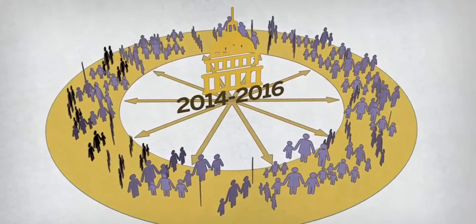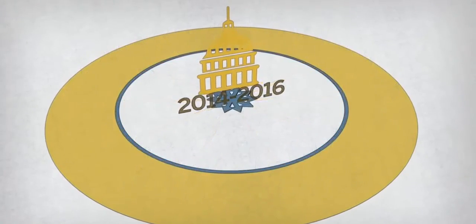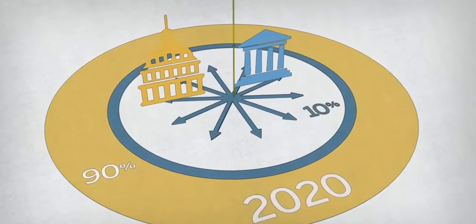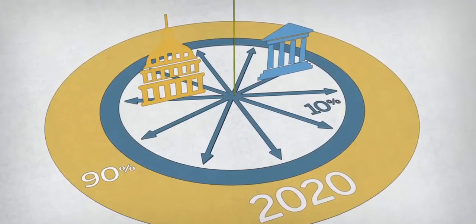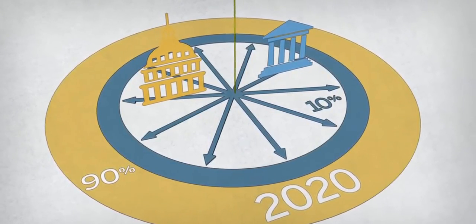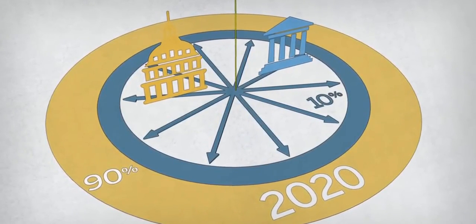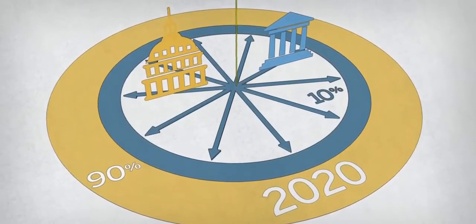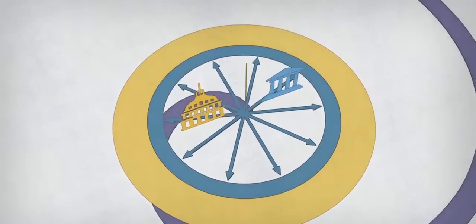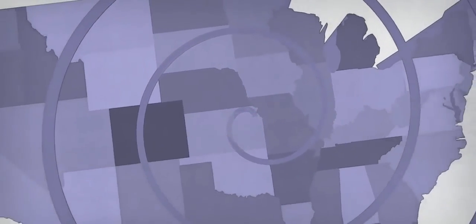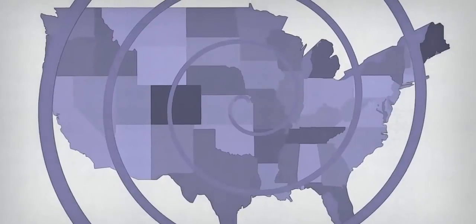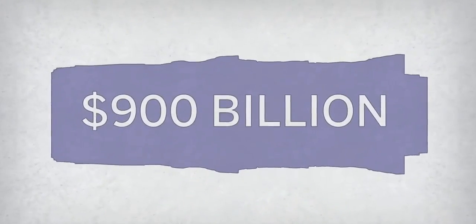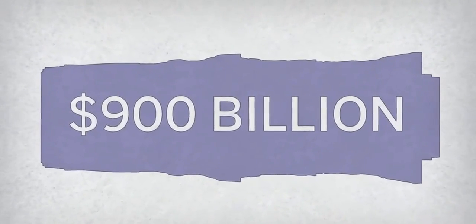However, this federal contribution decreases over time, with the federal government paying 90% and the states paying 10%, beginning in calendar year 2020. In addition to expanding Medicaid coverage to new populations, new financial requirements for both state and federal governments will add to an already complex system that is projected to grow to more than $900 billion by 2020.